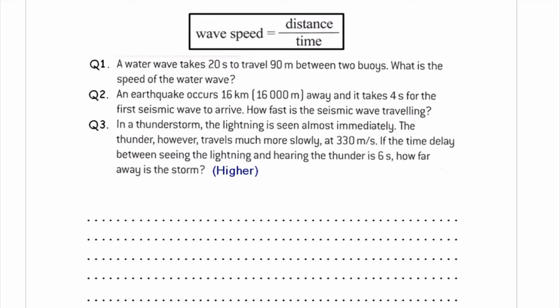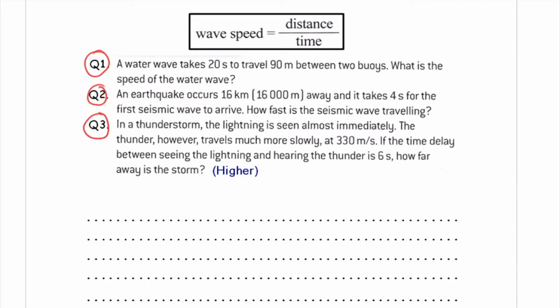You would have used it in science, possibly in geography, possibly in maths, and possibly in PE. So I'm going to do question 1 as an example, and then you're going to do question 2 and higher tier question 3.